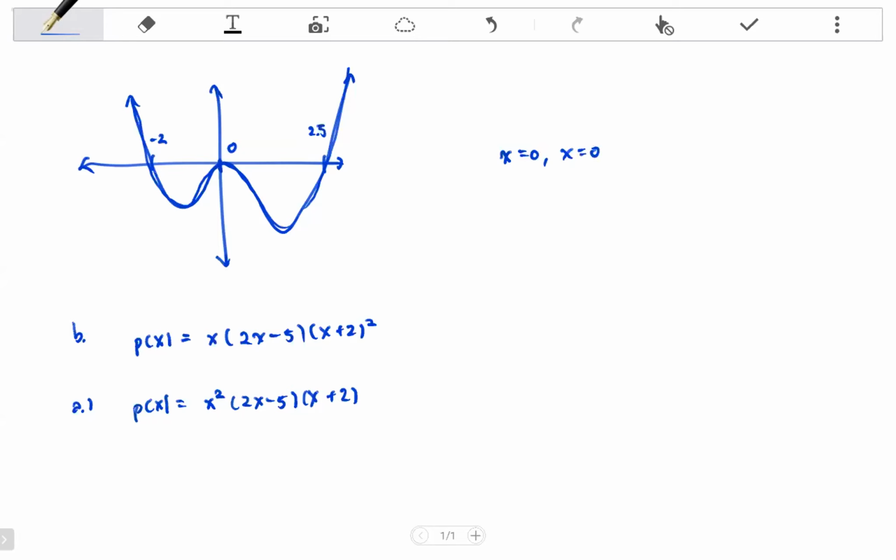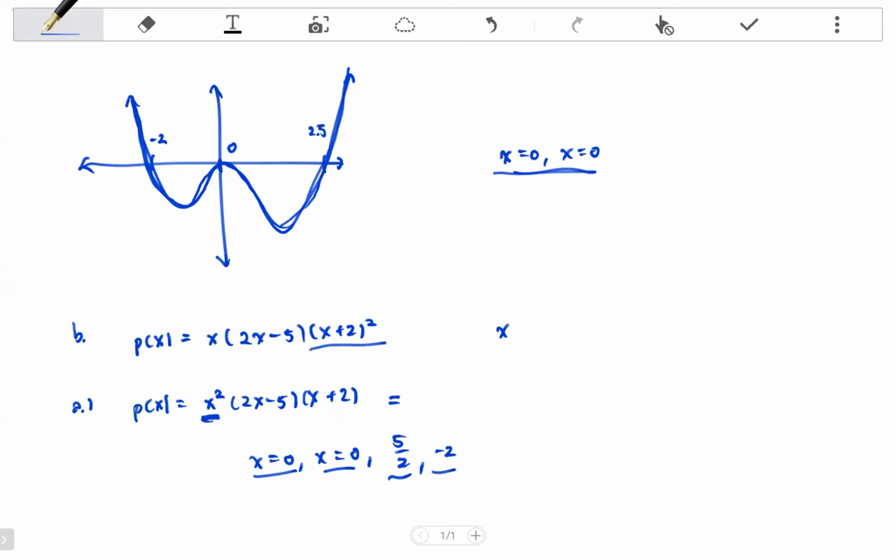Repeat. So our equation should show this same thing. If we look at our equation, what repeats? Well, x squared repeats, which means that in this equation, our solutions are going to repeat. 5/2 and -2. Notice how 0 repeats, but 5/2 and -2 don't repeat, because in the graph, it just goes through it once. So A is correct.